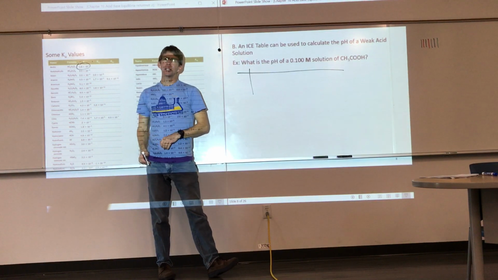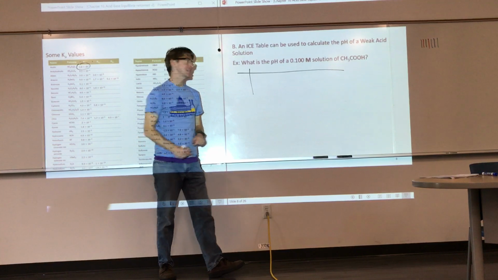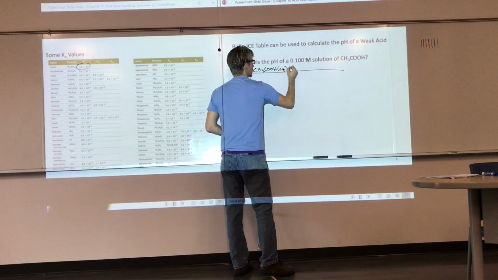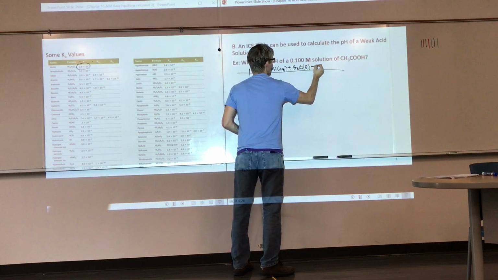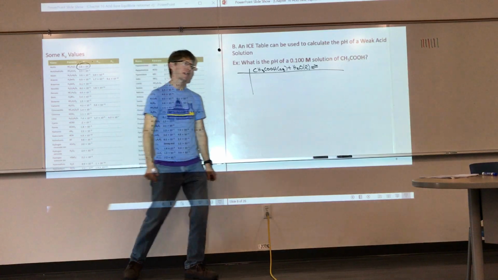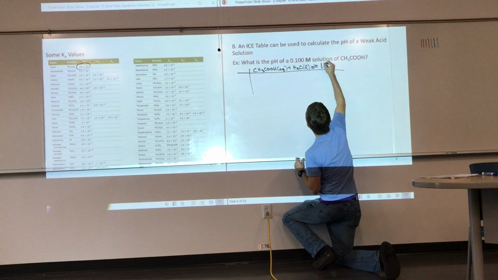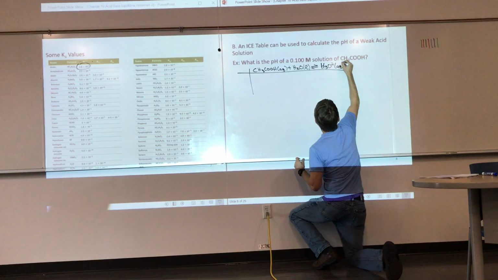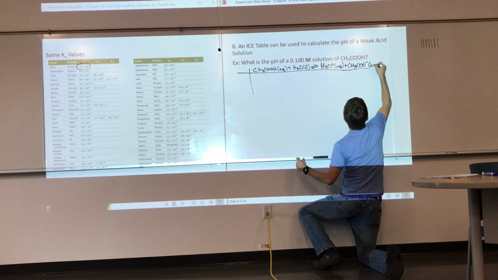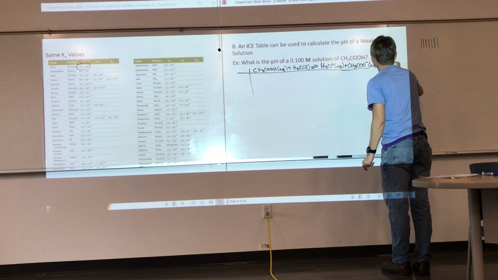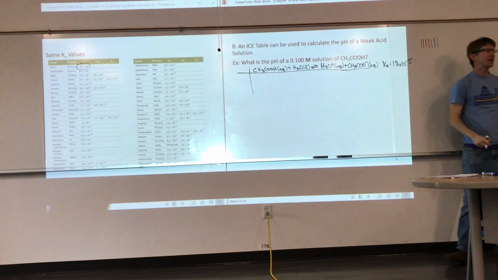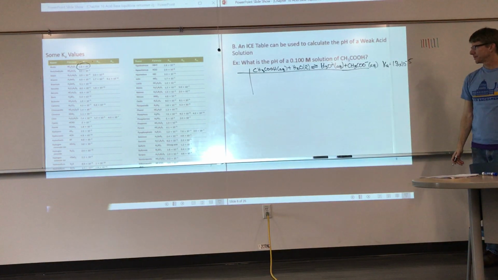The ice table will involve the Ka reaction for acetic acid. Our reactants are acetic acid and water. Our products are hydronium and acetate. And our Ka value is 1.8 times 10 to the minus 5.